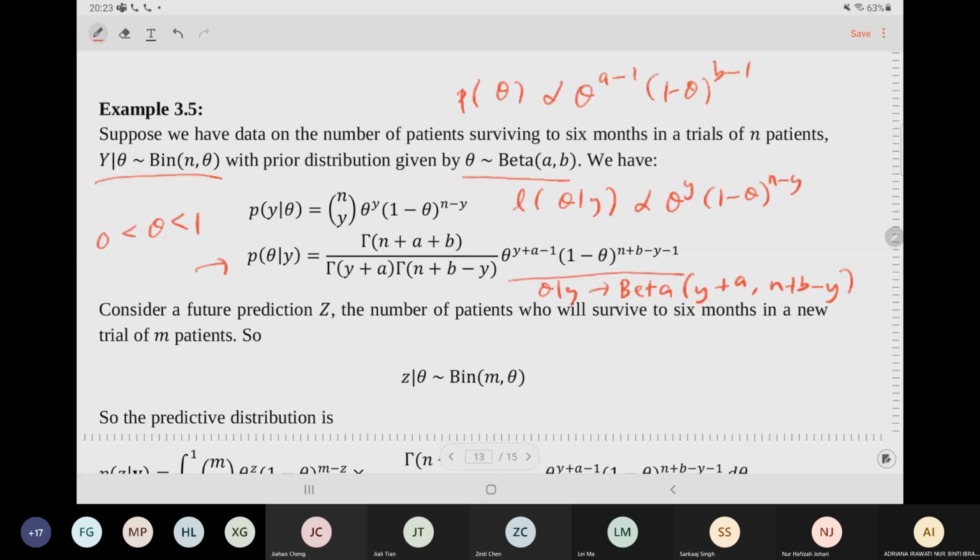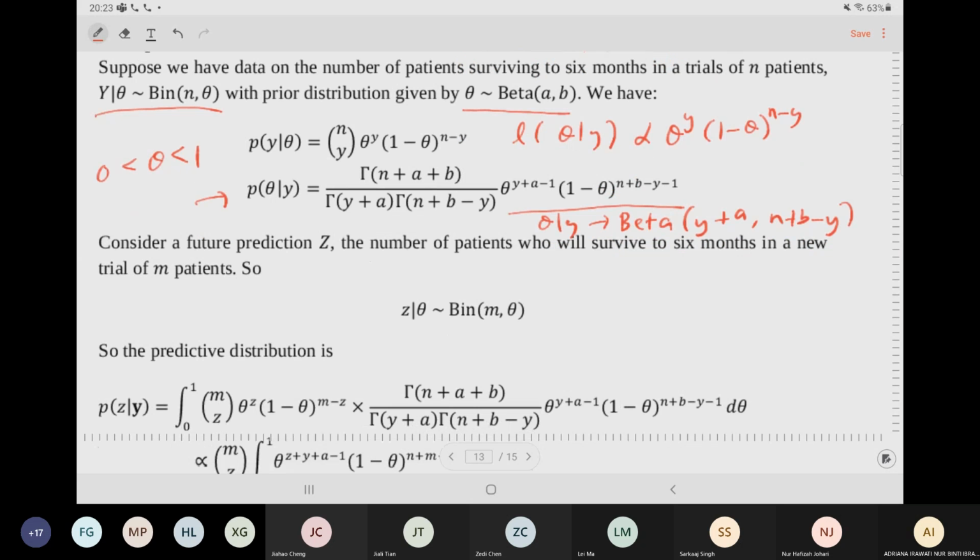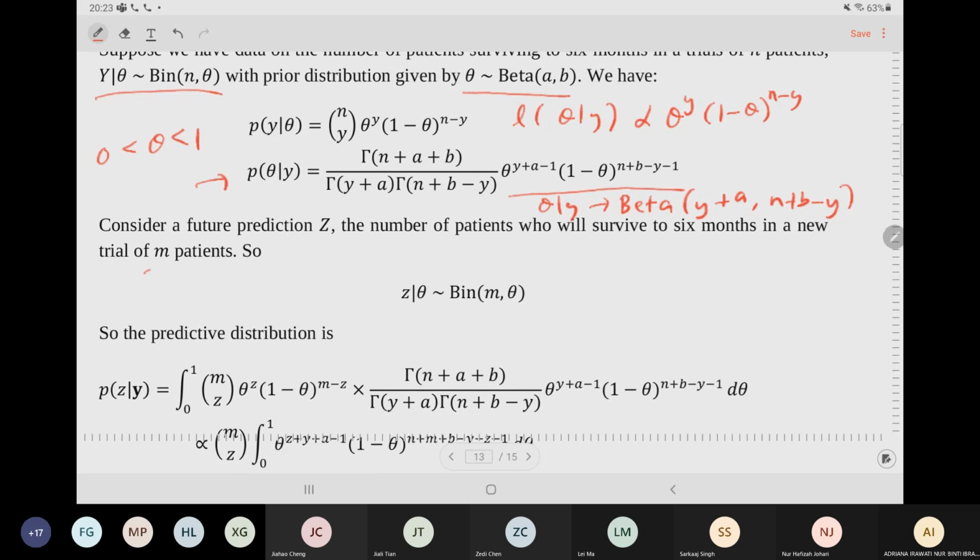predictive distribution. Okay, so then you have a future predictive Z. Here Z, we have new data, we have M patients, which means we have the number of patients who will survive to 6 months. So Z given theta is now binomial, but with M, theta.